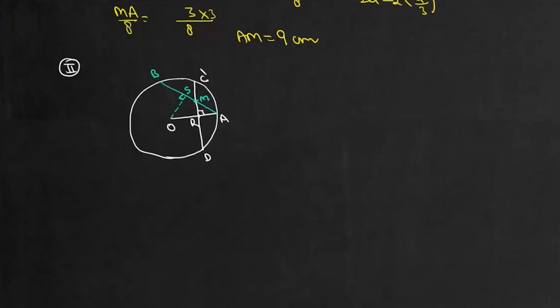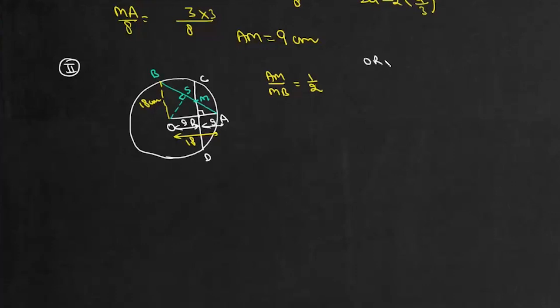Now it says if the radius of circle is 18 centimeter, so we have OA as 18 and OB as 18 and AM is to MB is 1 by 2 and this R is midpoint of OA. So basically this OR is 9 and RA is also 9.